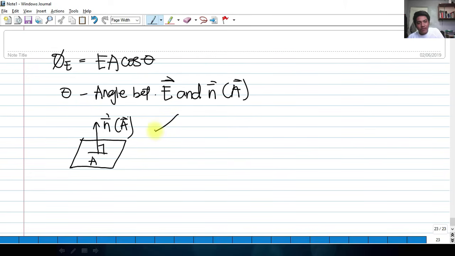So for example, if you have this kind of plane from our example a while ago, the surface of the plane is actually facing to the right. So the area vector or the normal vector is in this direction such that it is perpendicular to the surface of the plane.